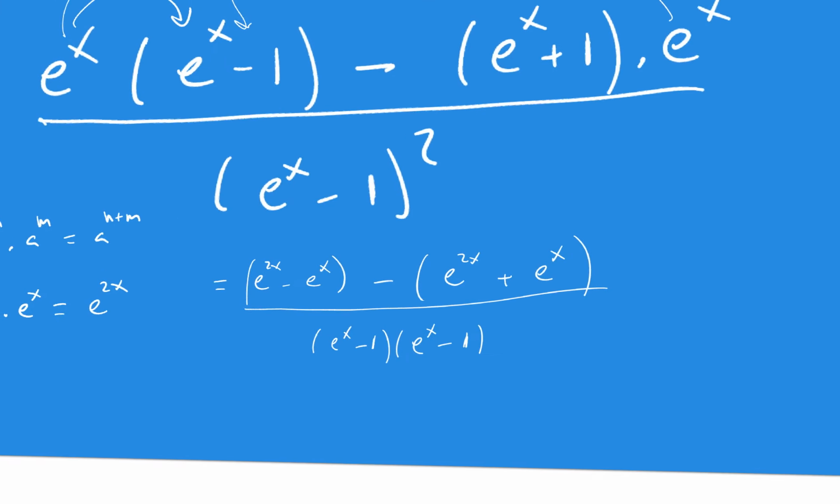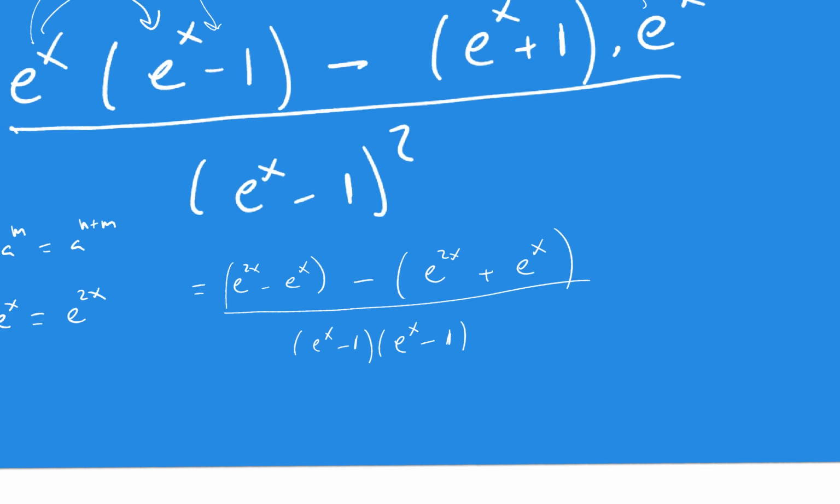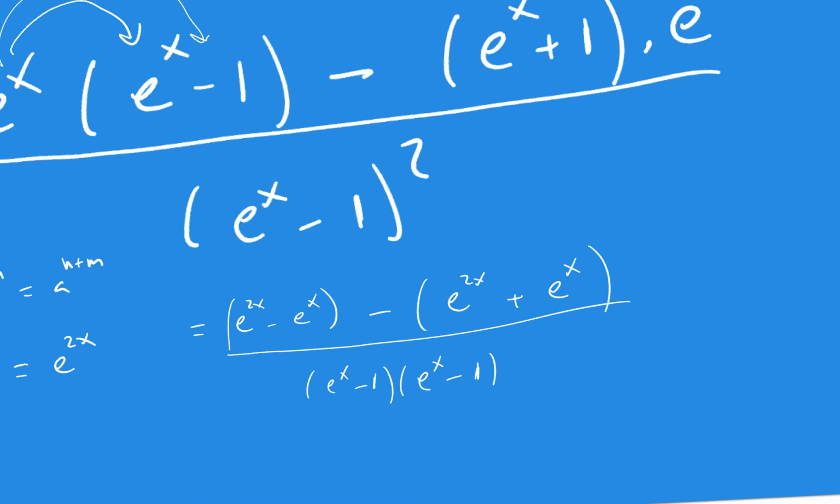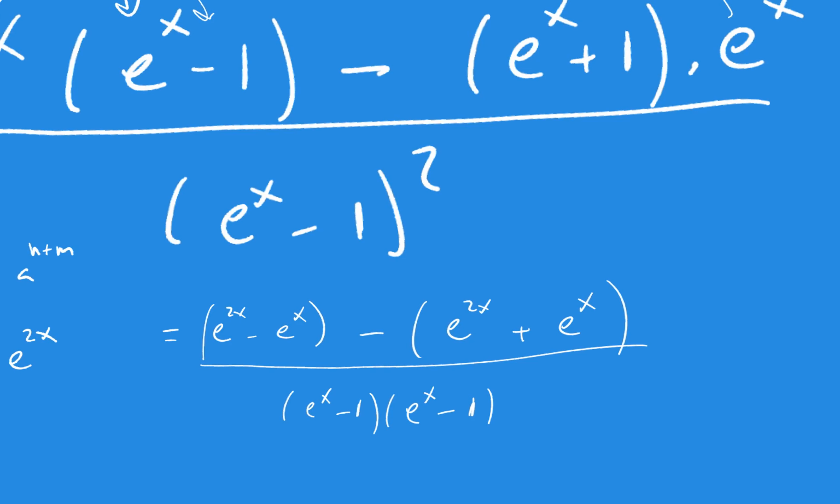So let's do a little bit more algebra. e to the 2x minus the e to the 2x, this will cancel. And I will have minus e to the x minus e to the x, minus e to the x minus e to the x, divided by e to the x minus 1 squared.